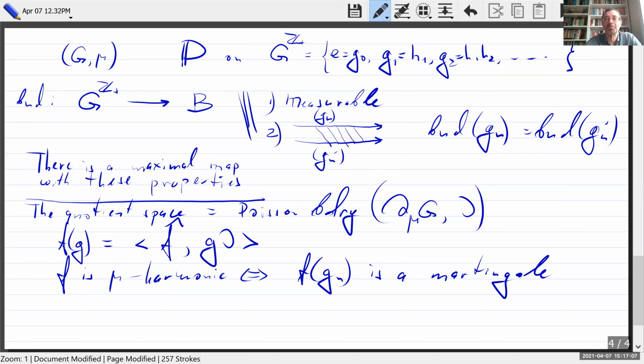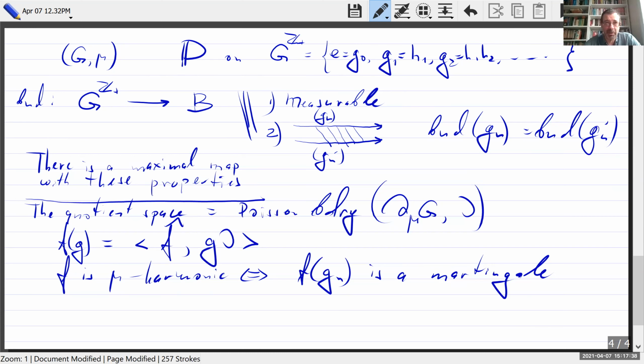So you talked about martingales, the interpretation of harmonicity in terms of martingales. We have a bijection. In one direction, if we have a certain function on the boundary, then we can take its Poisson integral, and this will provide us with a mu-harmonic function.